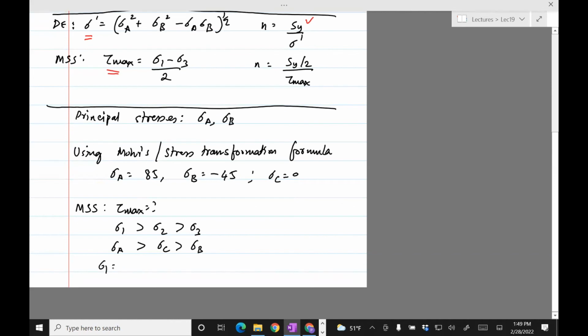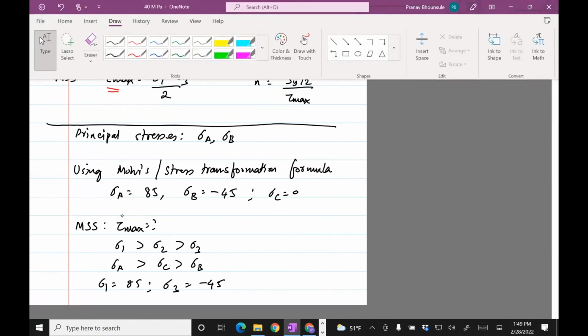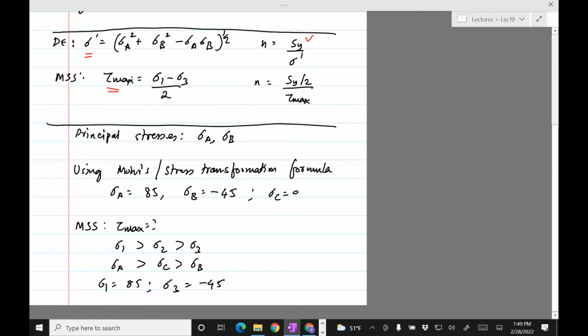So sigma 1 is 85, sigma 3 is -45. So now if you see these equations, we have values for all these things, just a matter of substituting back in that formula.